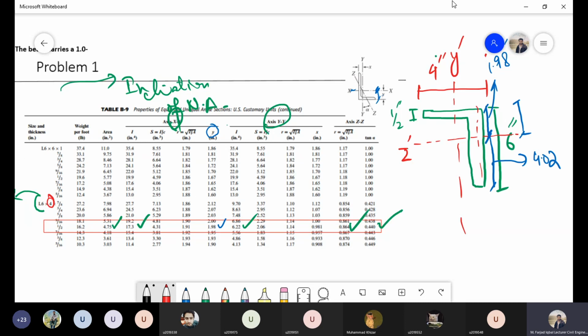Now tell me what will be this distance. 0.981.